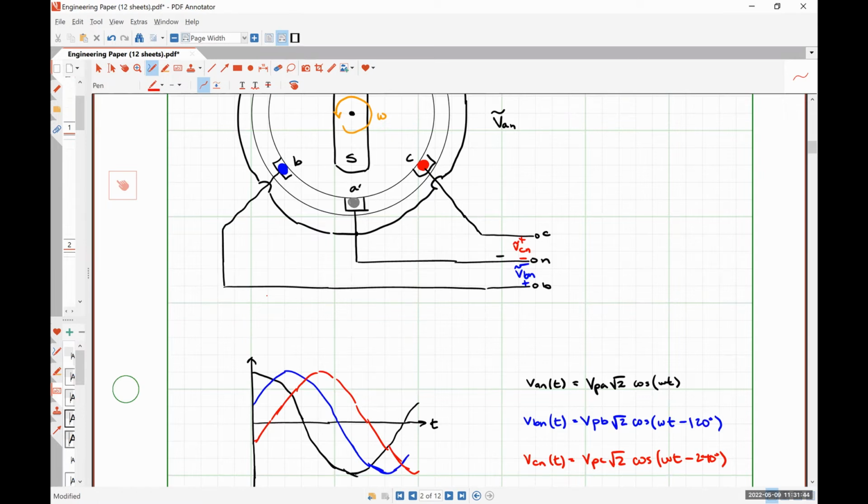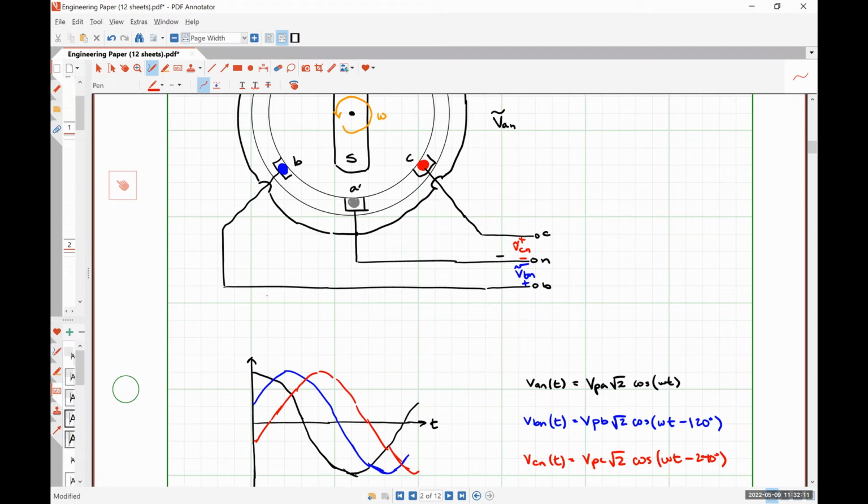If our rotor spun in the opposite direction, we would have what's called a negative phase sequence. The only change that we would observe is that these negative signs would change to positive, because then we would see that C is leading A, which is in turn leading B. So it'll just go the other direction around.